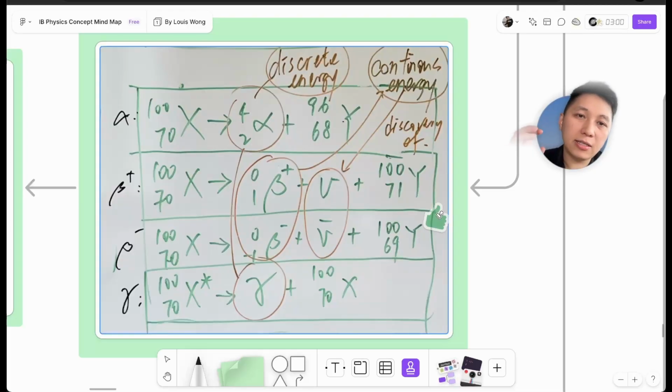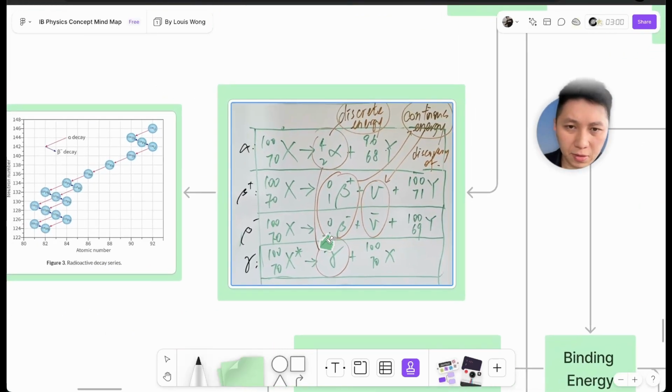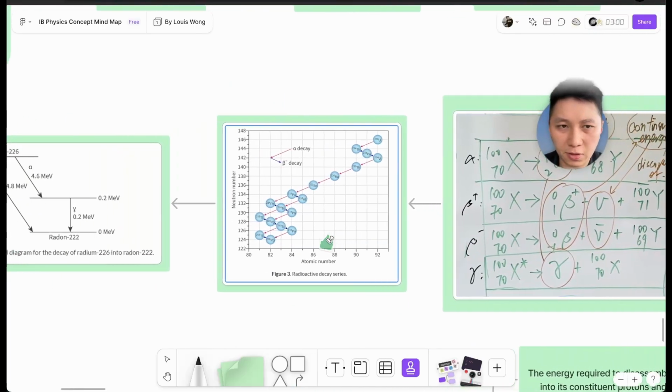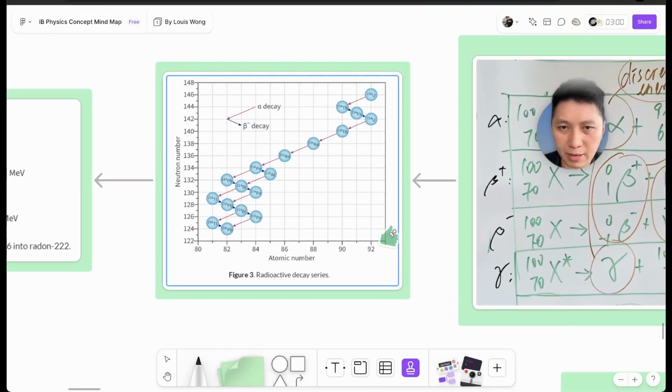In fact, measuring it to be continuous led to the discovery of the neutrino, because when people tried to measure it, they found the energy was somehow lower, which was strange because where does the missing energy and missing momentum come from? The neutrino was later discovered, although it is really hard to detect because it doesn't interact much with matter.